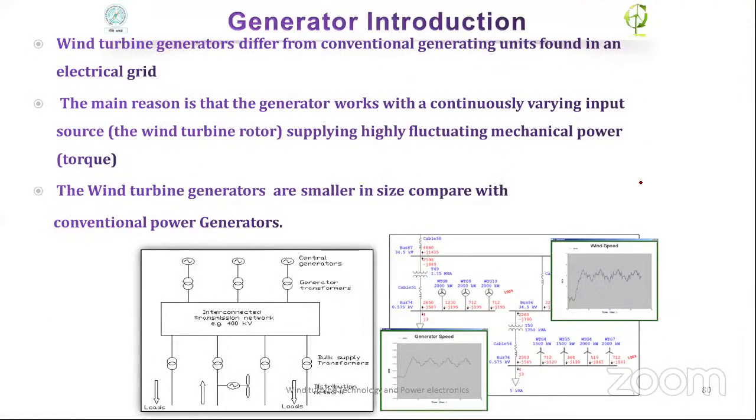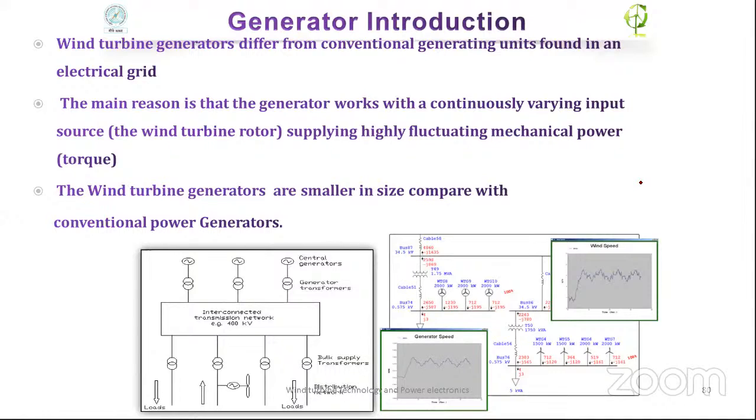Now we can see the generators, right? So this is the generator. There are various types of generators. The difference between the wind turbine generator and the thermal power generator is that the wind turbine generator is always connected to the grid.